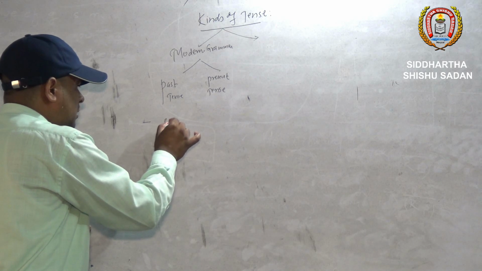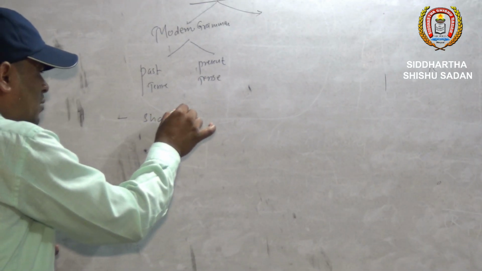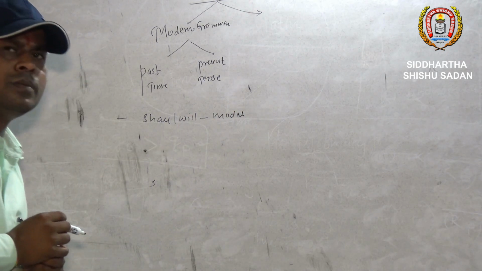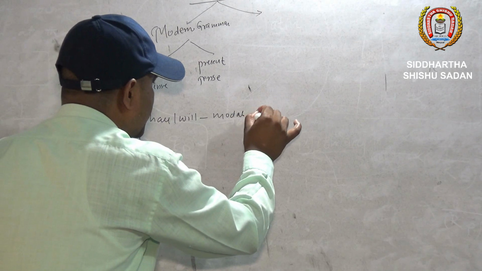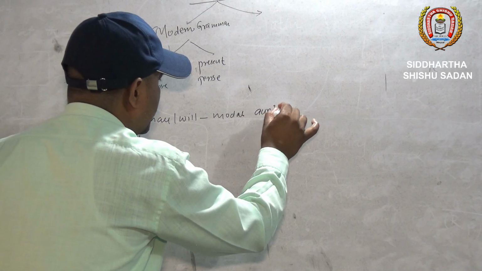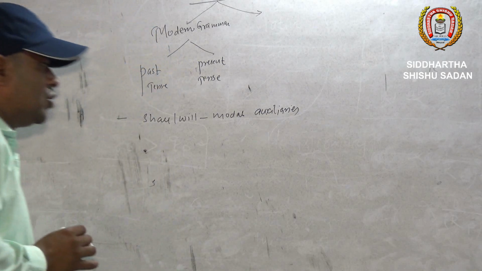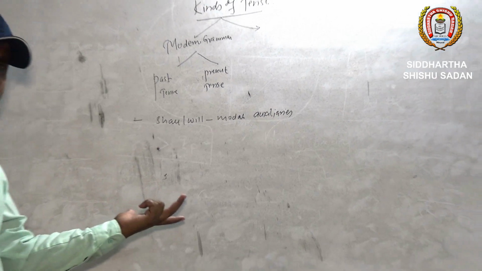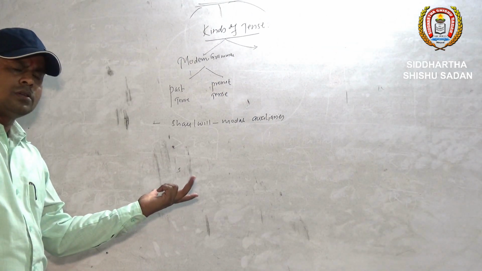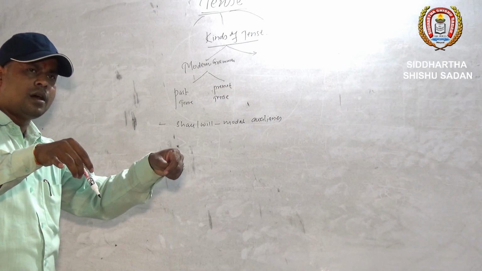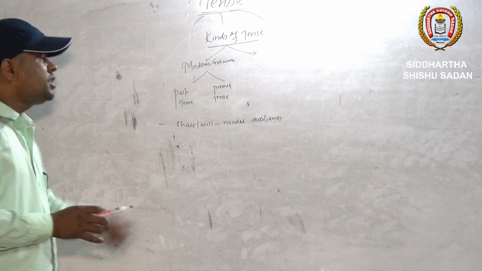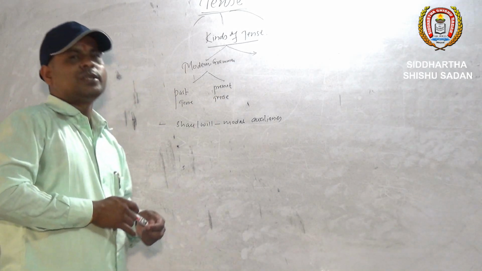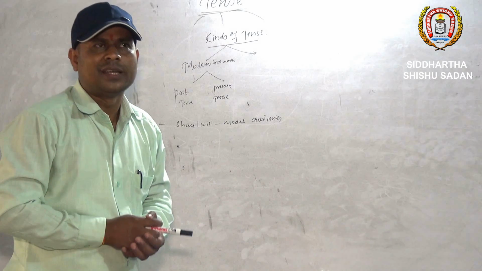Shall and will are modal auxiliary verbs. So future tense doesn't have its own structure. Shall and will used there are modal auxiliaries. This is what they claim, although the use of shall and will is quite common.